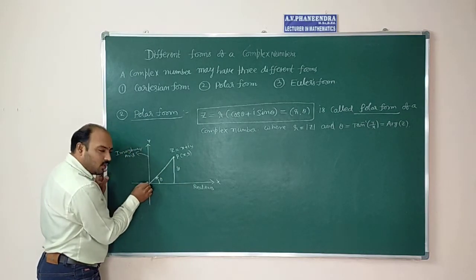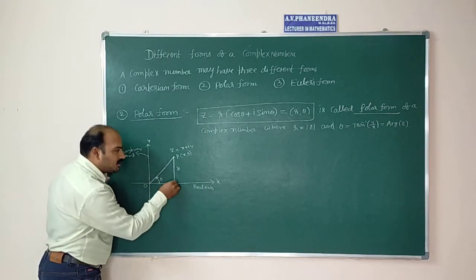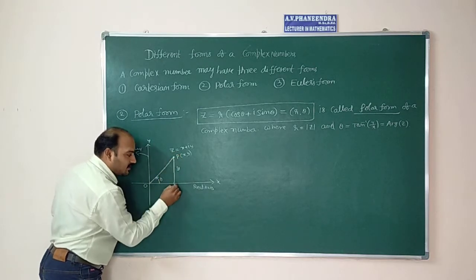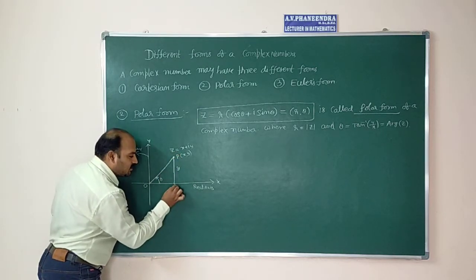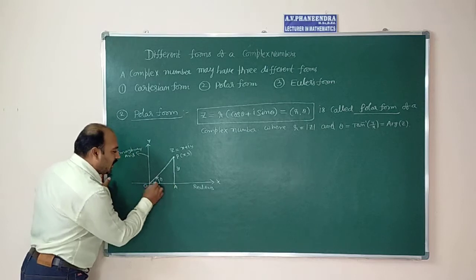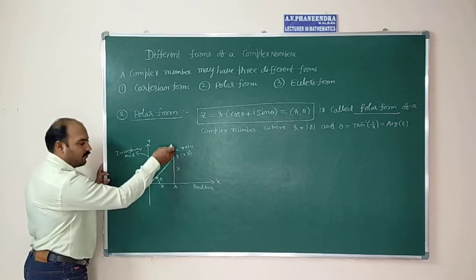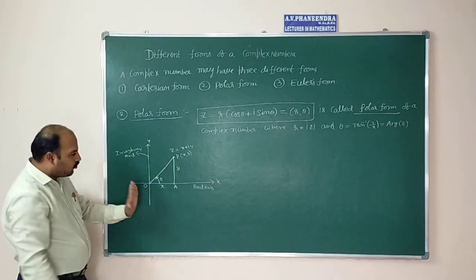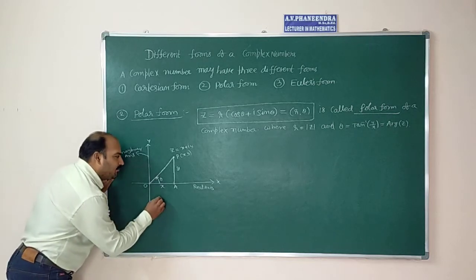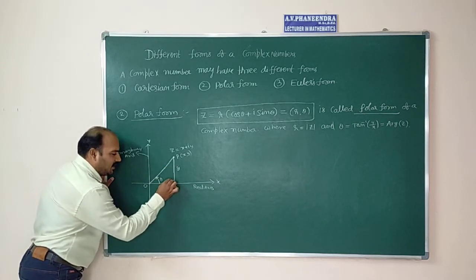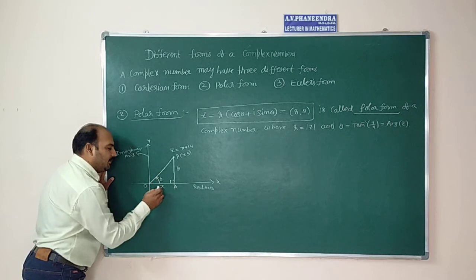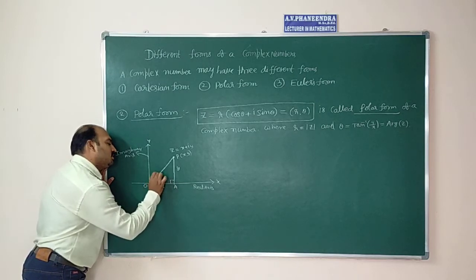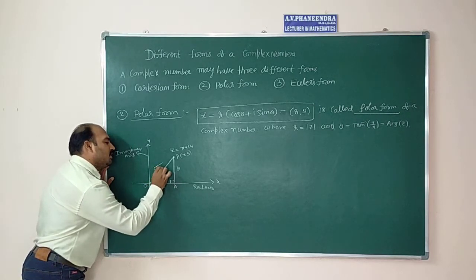The distance from origin to the point which meets the x axis, meaning the real axis, you can assume as A. OA is equal to x units and AP is equal to y units. From here, it is exactly a right angle triangle.